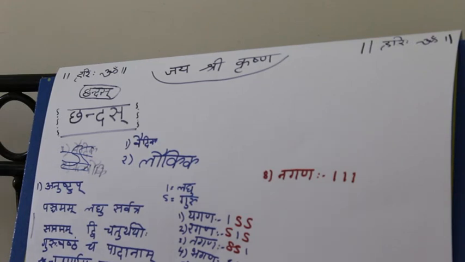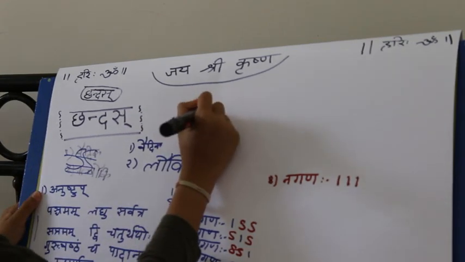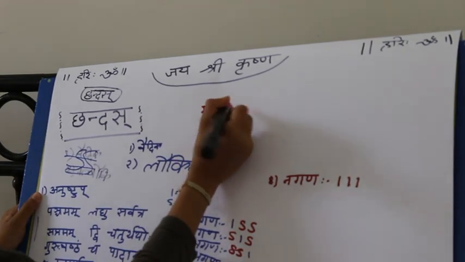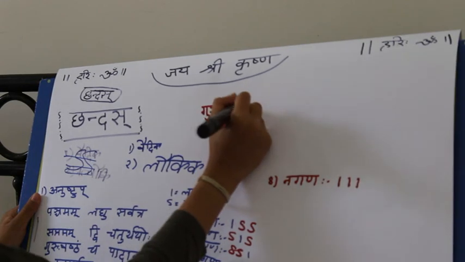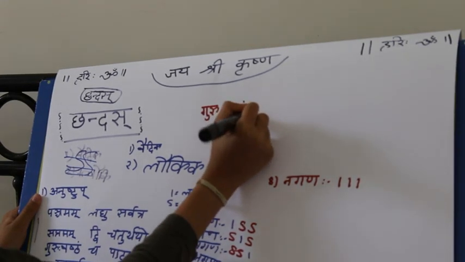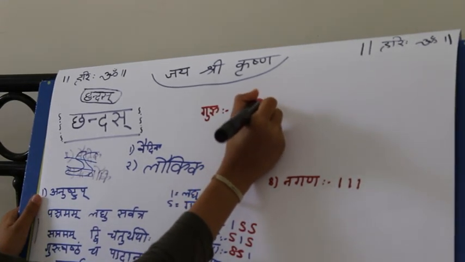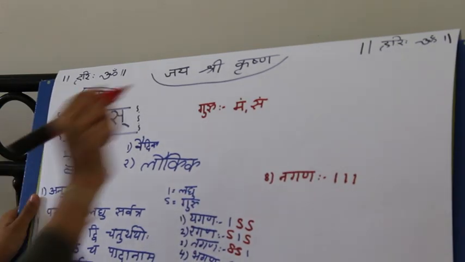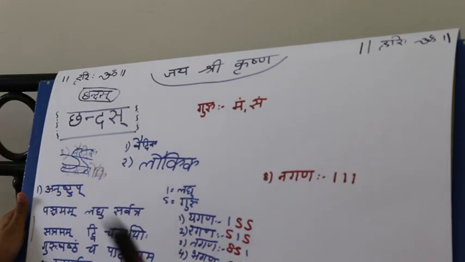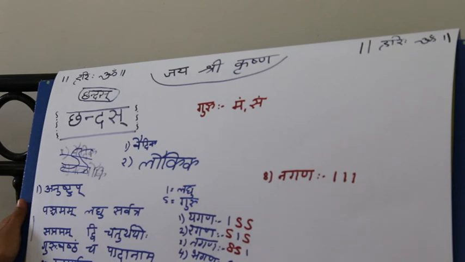There are other options for Guru also. One is that the letter is long. The second is that it has an Anuswara, like mam, sam. Any letter which has an Anuswara on top is a Guru letter.